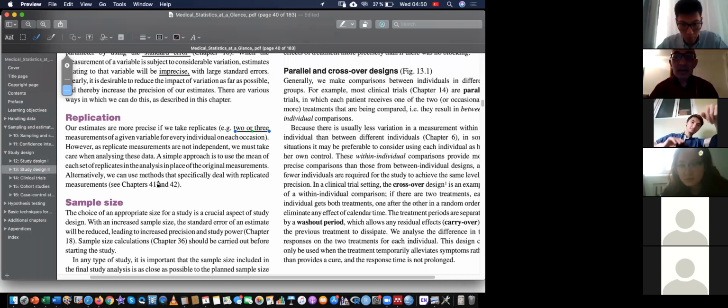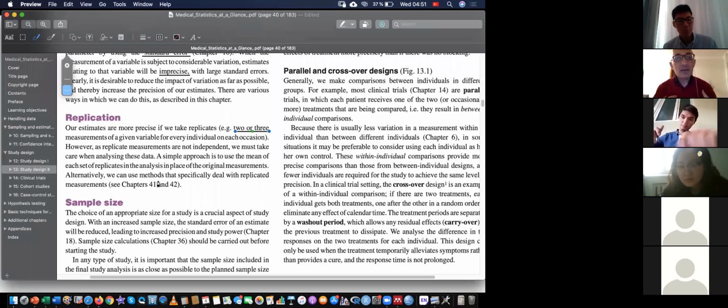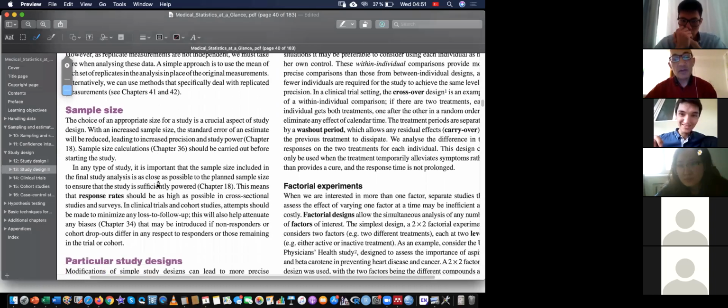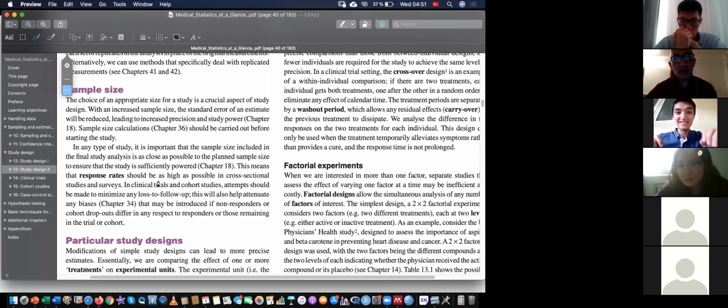That will decrease the variability a little bit. As you remember, there was within subject and between subject variability, and within the same subject, if you make repeated measurements, there will be small differences between the measurements. And by taking the mean of these measurements, you may decrease the variability a little bit.